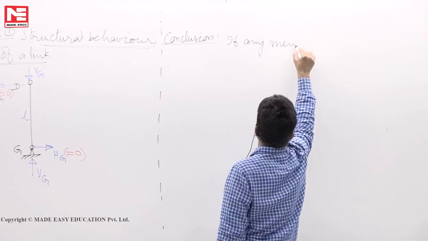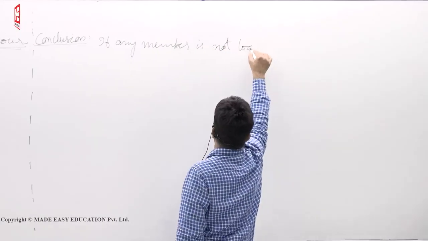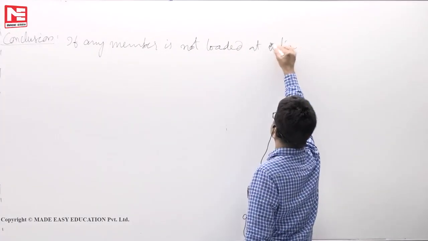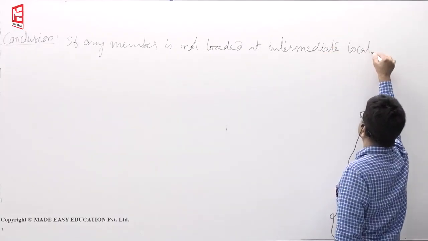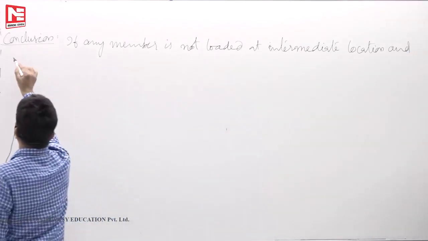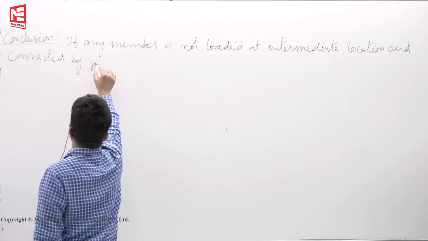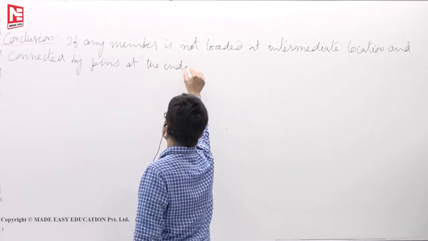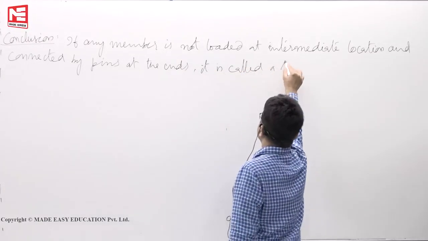If any member is not loaded at intermediate location and connected by pins at the ends, it is called a link.